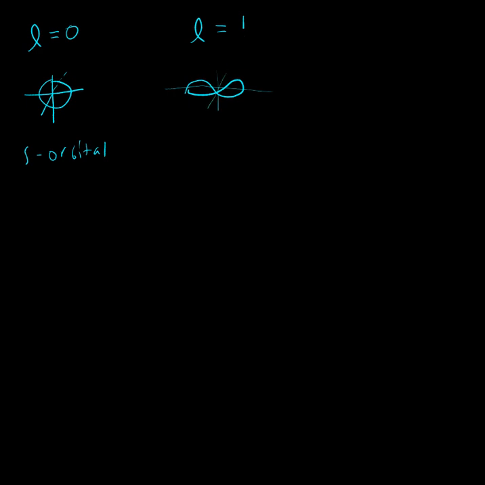The shape would be what you'd get if you took and rotated it around the x-axis and made these two circles into a kind of balloon shape. In the end of the day, you get something that looks like two teardrops stuck together end to end. That would be what this shape is. And so we call this the p orbital.